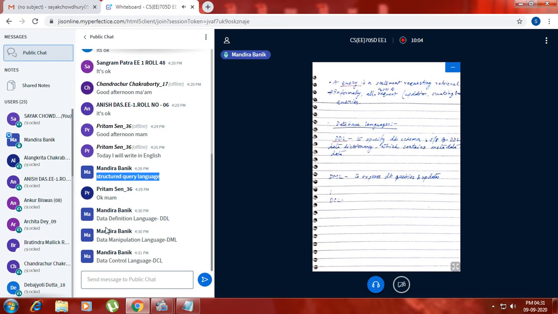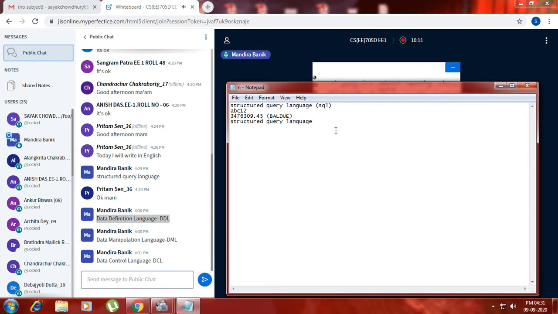So these are the three full forms of DDL, DML, and DCL.